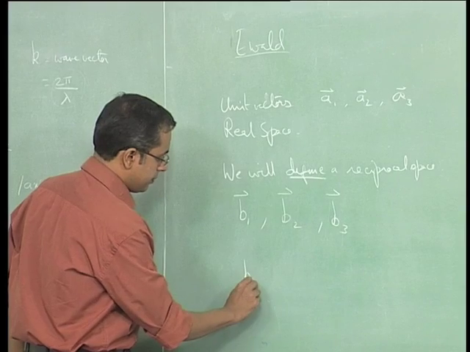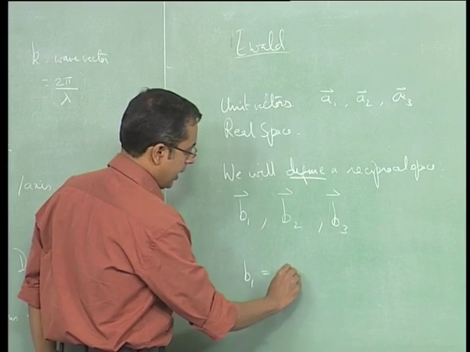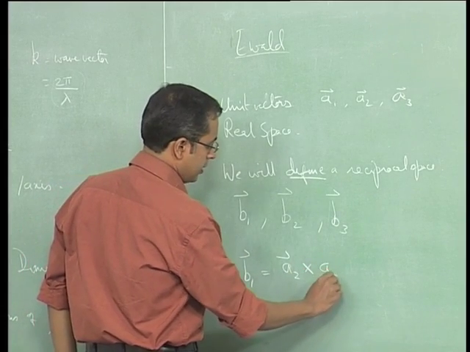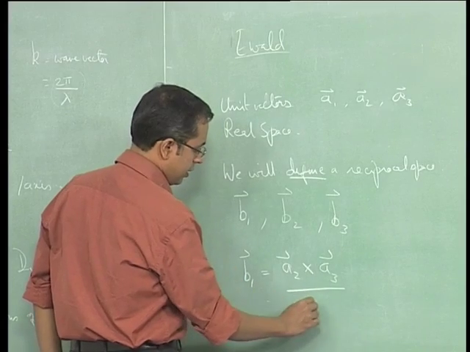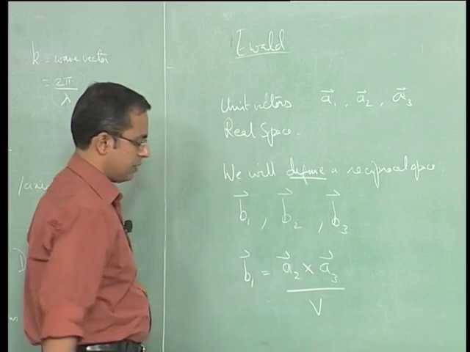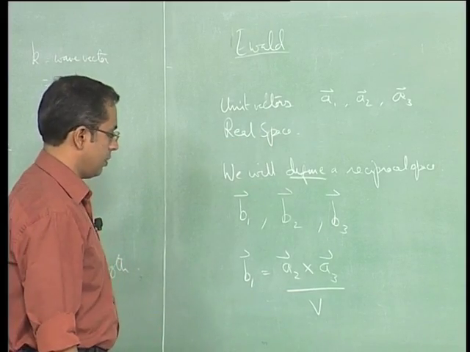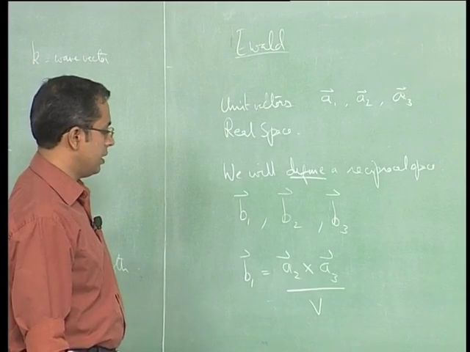B1 is A2 cross A3 by V. What this V is we will see in just a moment. It is the volume of the unit cell consisting of A1, A2 and A3.